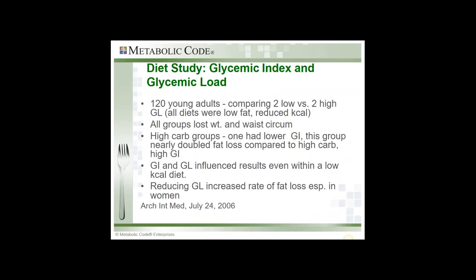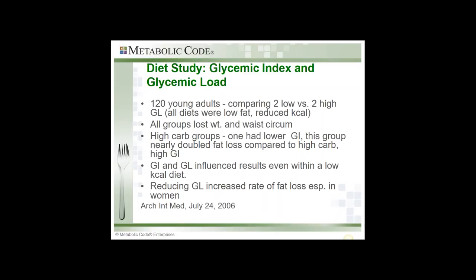Okay, moving on. This is a study that showed when people reduced the intake of high glycemic index and high glycemic load foods, everyone and every group lost weight and waist circumference, but because they were calorie controlled.